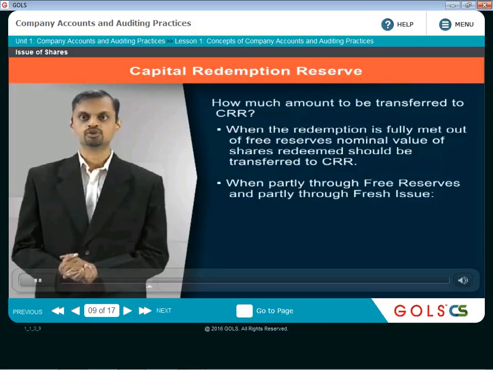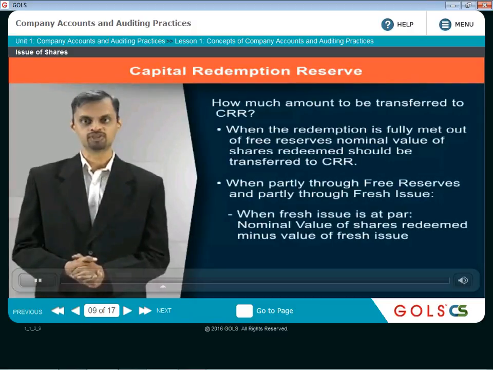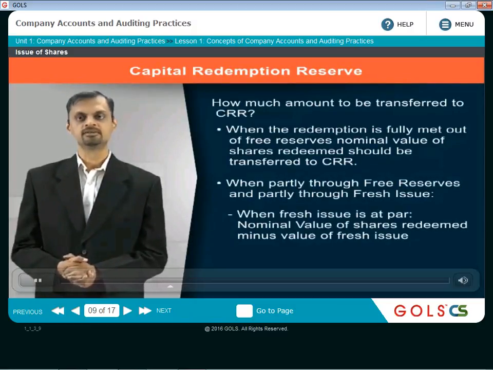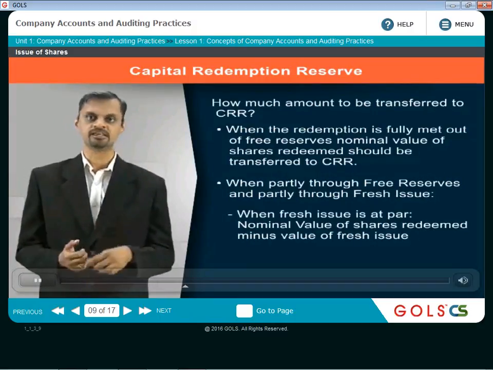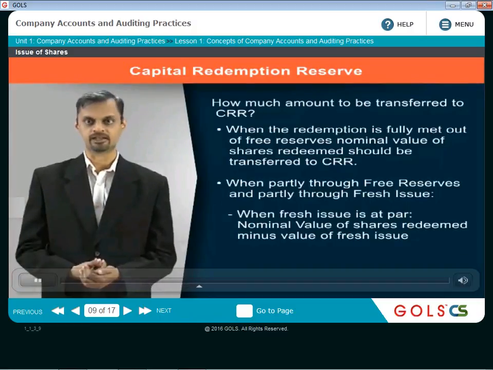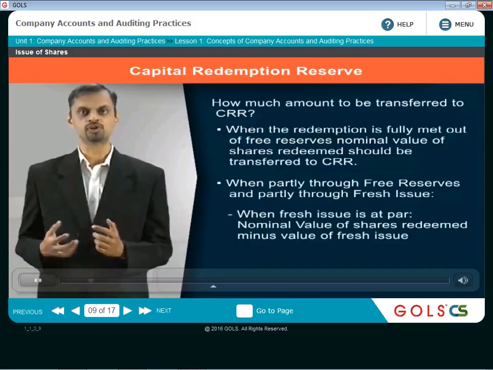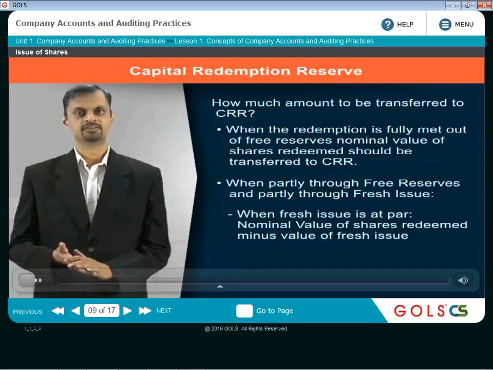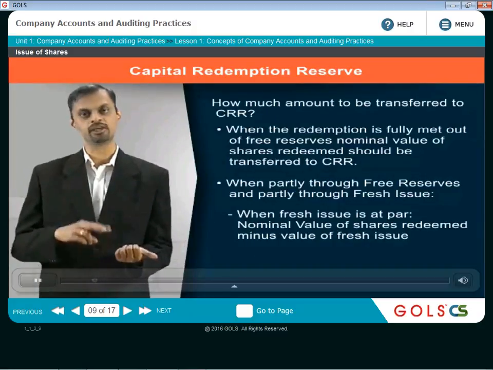When the fresh issue is at par, it is the nominal value of shares redeemed minus the value of fresh issue. That balance obviously is out of the free reserves, correct? So that will be transferred to CRR. For example, 100 rupees are redeemed and the fresh issue is of say 60 rupees. That means the remaining 40 is coming from free reserves, so this 40 will be transferred to CRR.